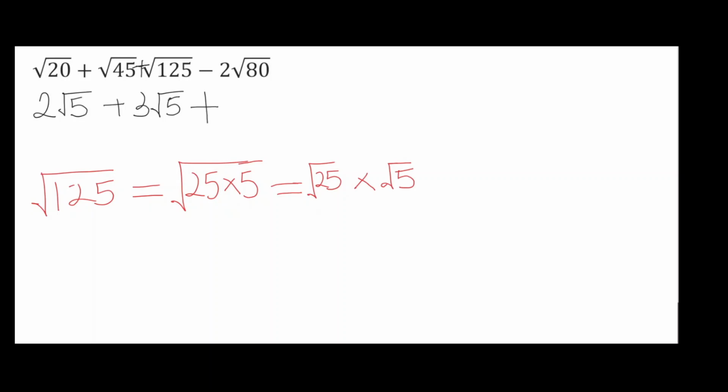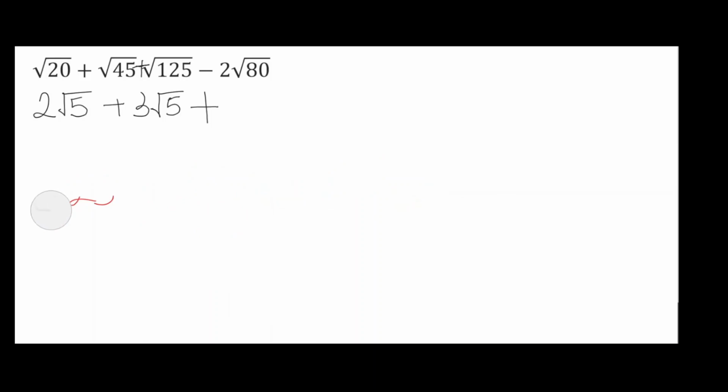And it's easy to see that the square root of 25 is 5. So we have 5 multiplied by root 5, which is the same thing as 5 root 5. So root 125 can be written as 5 root 5. So let's write that. We have plus 5 root 5.